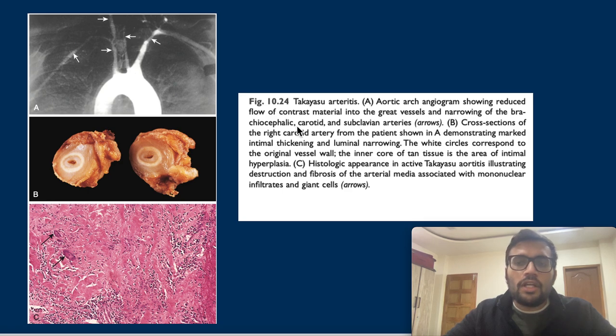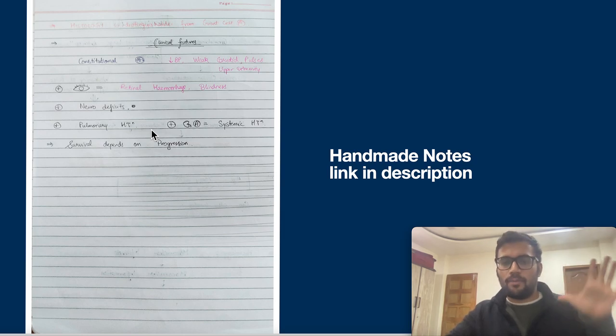Then there is also thickening, due to which the lumen is reduced. And this is the third histological appearance, in which we have shown nothing but mononuclear infiltrate and giant cells, right? So this is what you need to remember regarding Takayasu arteritis histology. Again, golden point, indistinguishable from temporal.